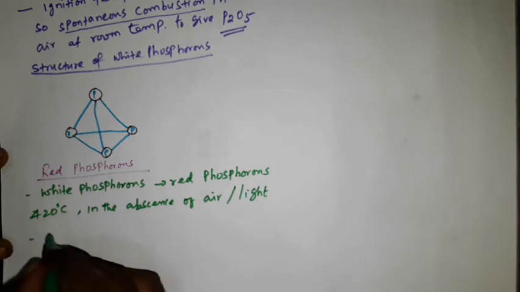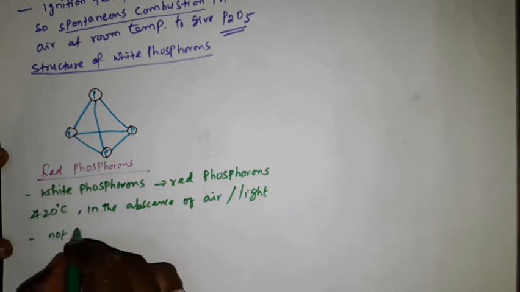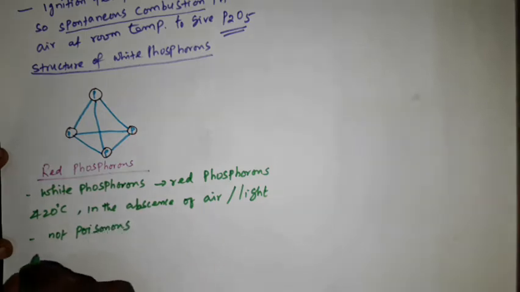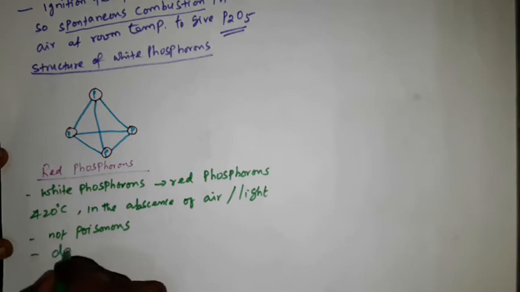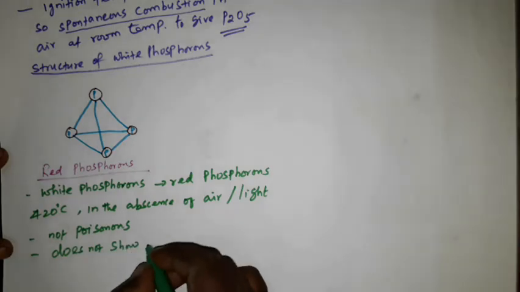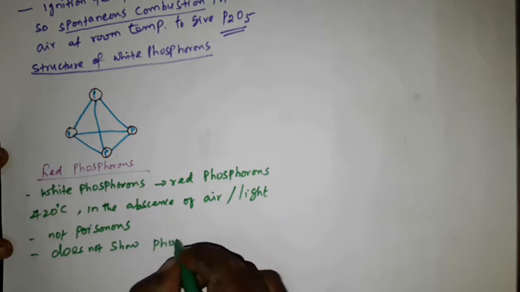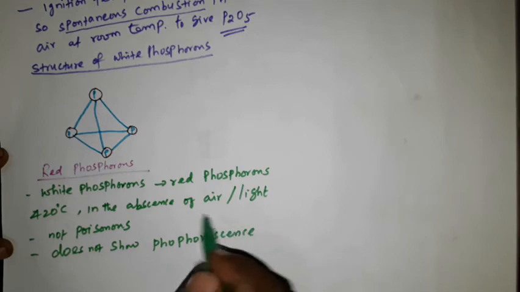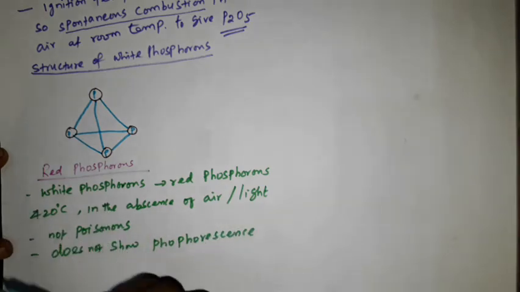Okay, then it is not poisonous. Red phosphorus is not poisonous. Okay, then it does not show phosphorescence. See, white phosphorus glows in the dark due to oxidation, which is called phosphorescence.